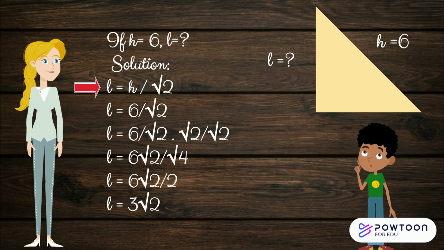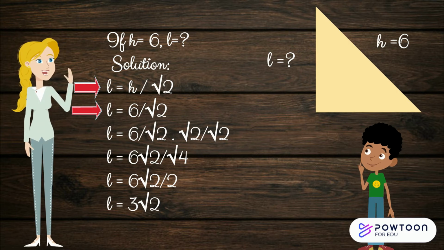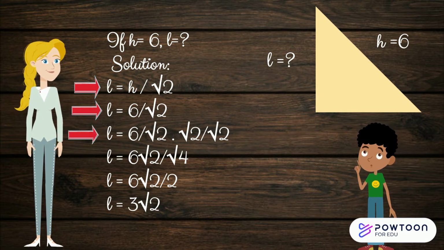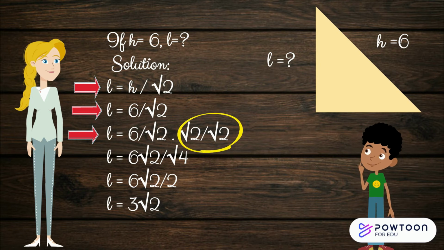Then substitute the given, so we have leg is equal to 6 divided by square root of 2. Next, we remove the radical sign from the denominator by rationalizing the denominator. So we multiply both the numerator and the denominator by square root of 2. We have now 6 divided by square root of 2 times square root of 2 over square root of 2.